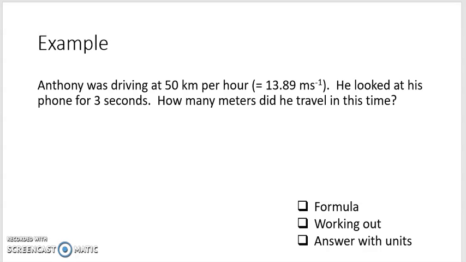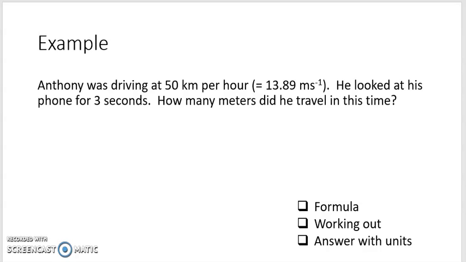Alright, so this question here. Anthony was driving at 50 kilometers per hour, which is 13.89 meters per second. He looked at his phone for 3 seconds. How many meters did he travel in this time? Alright, so they've given us his velocity.